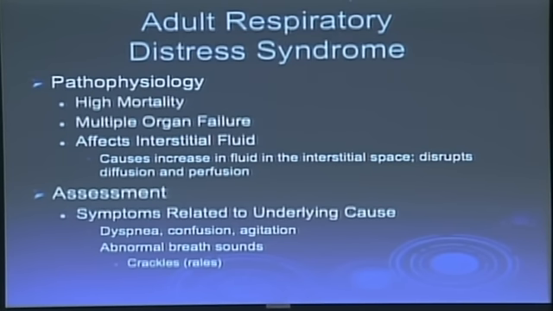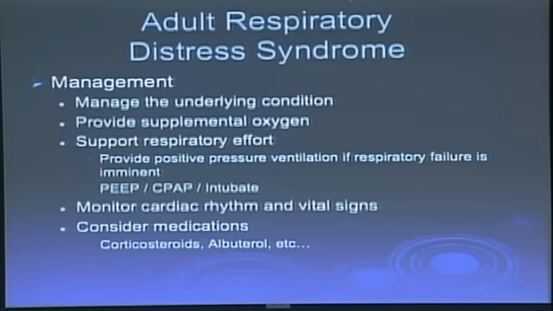Agitation means generally hypoxia. So you can have both agitation and confusion leading to coma. Abnormal breath sounds, rales, ronchi, rales or crackles now, and nowadays we had to come up with a different name.